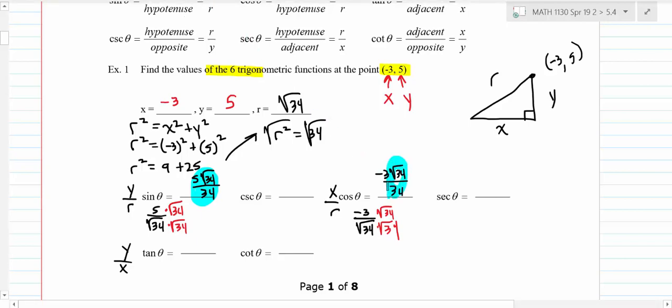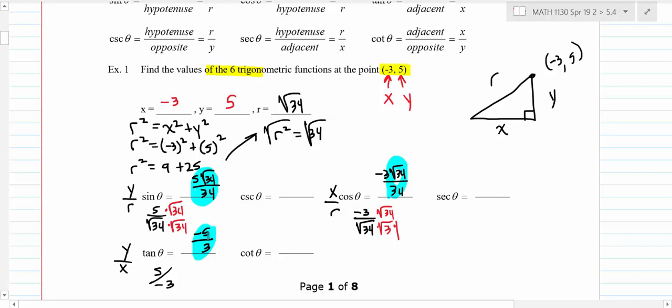And then finally the tangent. The tangent is just y over x. So y is 5, x is -3, so it's a negative answer. Just put the negative either in the numerator or in front of the fraction bar. It doesn't really matter as long as you get a negative answer.